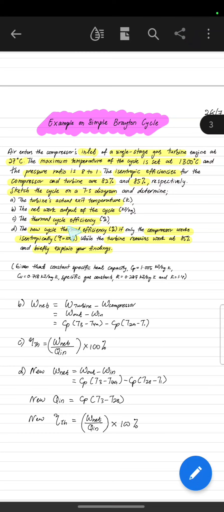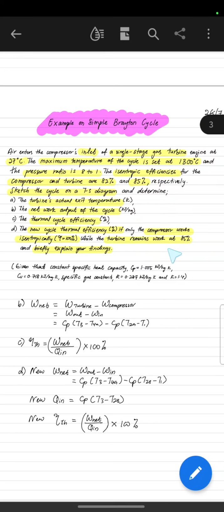Next, you are going to find the thermal cycle efficiency. So you have these equations down here. And finally, you are asked to find a new cycle thermal efficiency if the compressor is working at 100% efficiency, meaning that the compressor works isentropically, right?